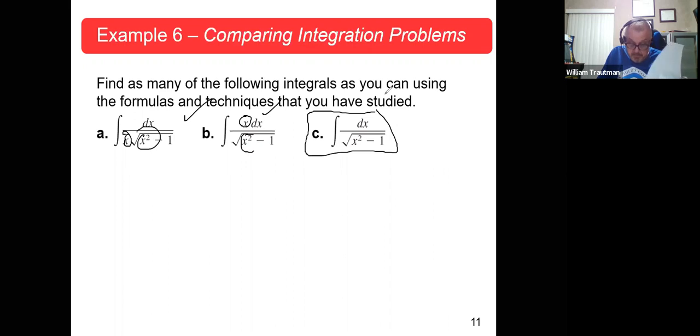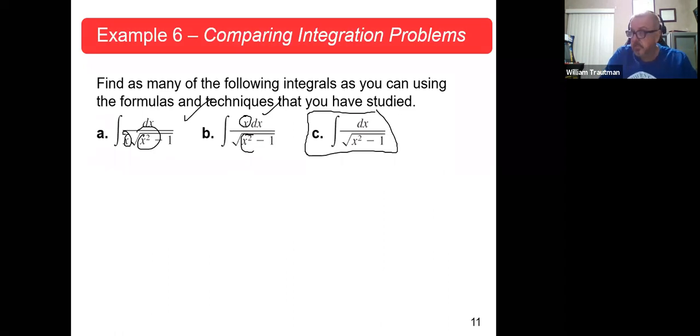But you will find this formula somewhere in here. I definitely saw it somewhere. So see, if you look in the formula sheet, I did find it.